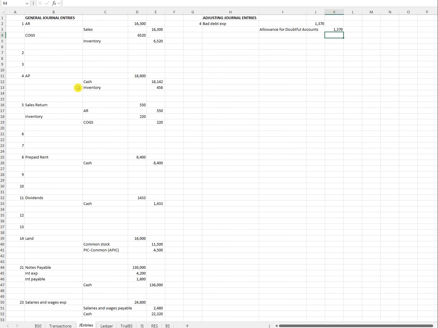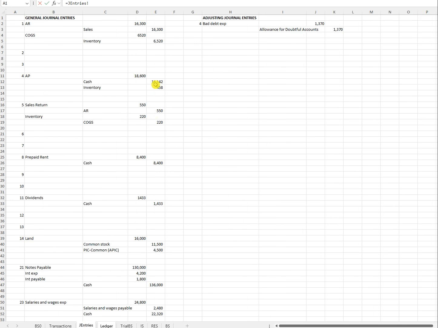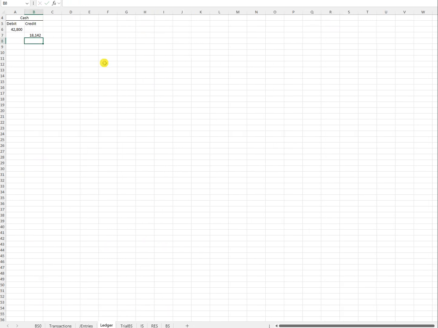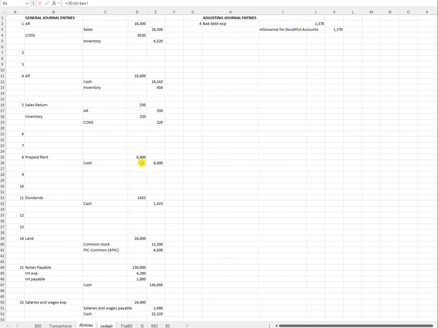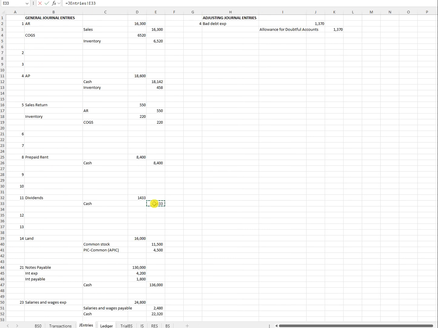So I'm going to go back to the transactions to find all the cash. For example, number 4, we have a credit to cash, and this will be posted to the credit side of the cash T account in the ledger. I identify another credit right here, and another right here.